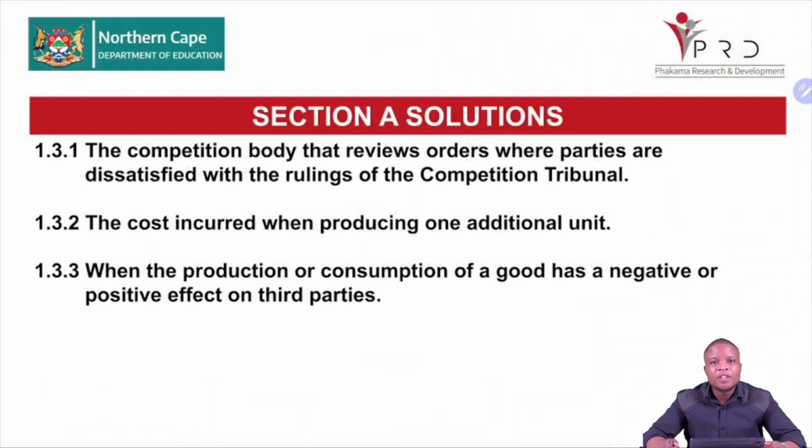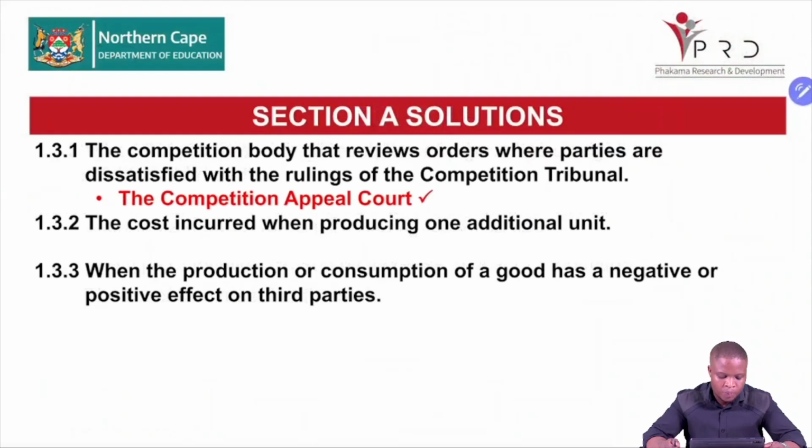Commission, they investigate mergers and takeovers. So before companies can merge, they need to disclose the information to the competition commission. After investigating, the tribunal makes a decision on the investment that has been made. When we are not satisfied with the result, then we go to the competition appeal court.